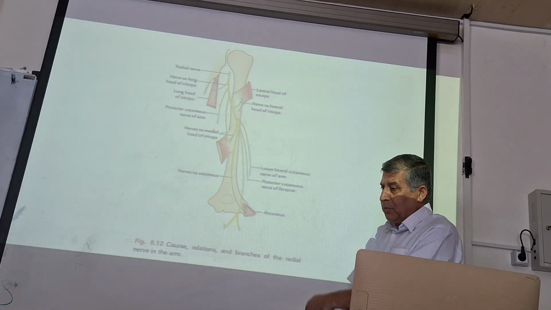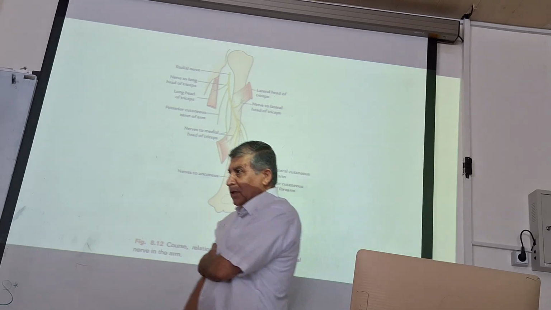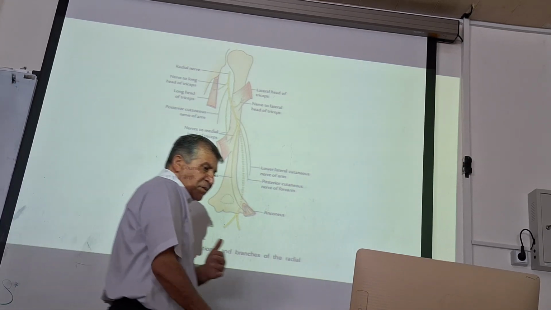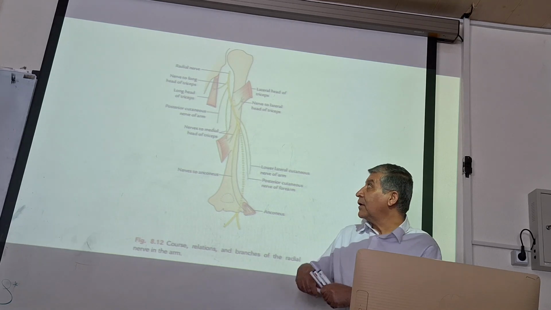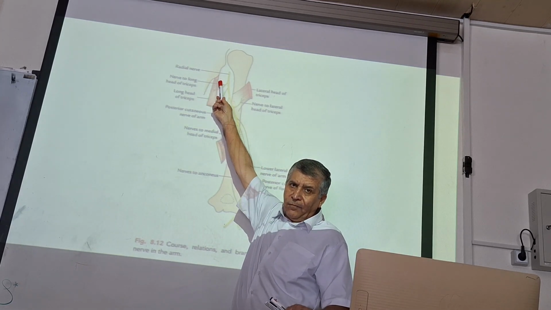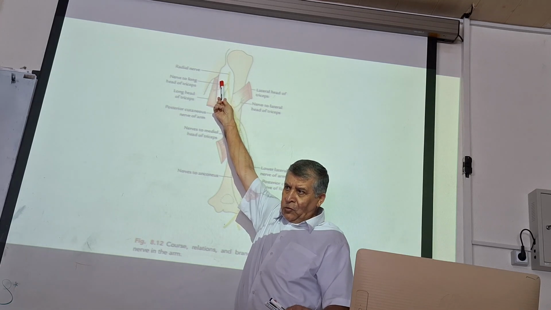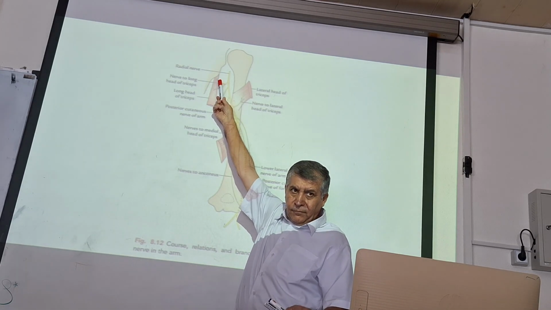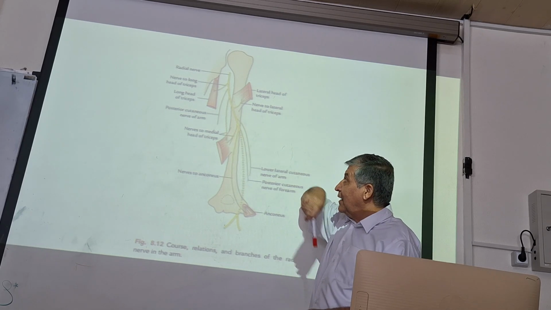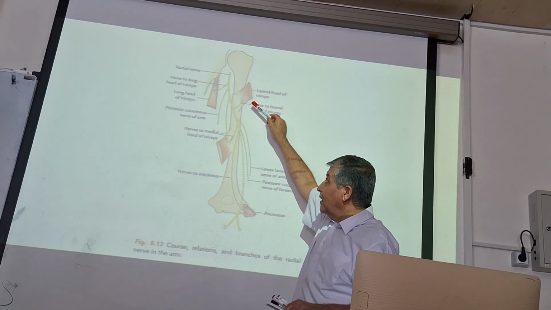Triceps muscle. The posterior compartment of the arm contains the triceps muscle. The triceps has three heads: the long head from the infraglenoid tubercle, and the lateral and medial heads.